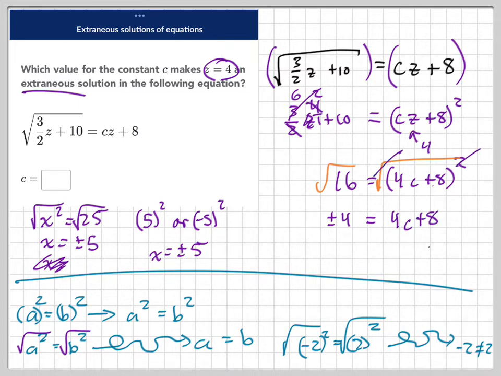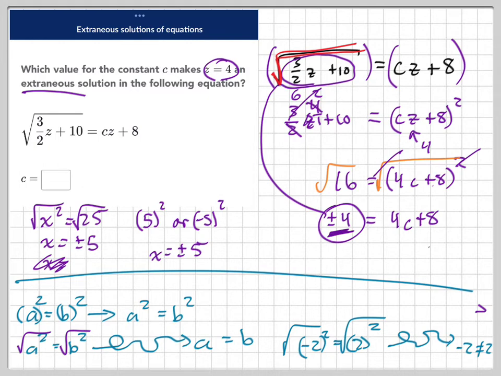The square root gets rid of the squared. And then here we have the problem. We're saying that this number can be a +4 or a -4. That number is this number inside here. But that number inside there cannot be a -4 because of this square root. I'm sorry, guys. That's the best explanation I got for you.